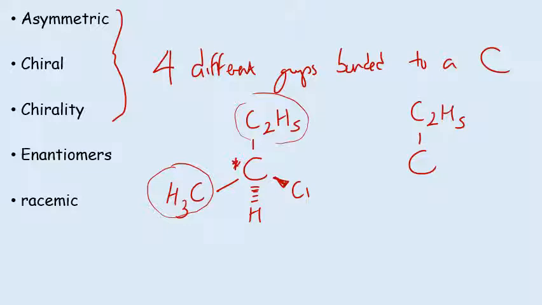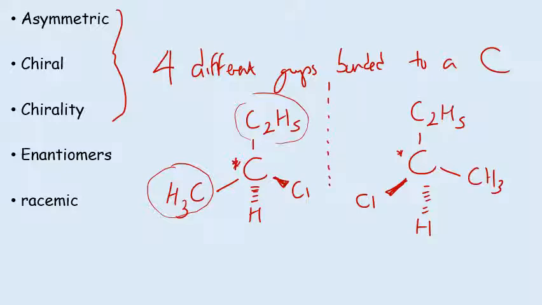So that molecule has or displays chirality. It has a chiral carbon. It's an asymmetric carbon. We could draw the mirror images because they are not the same thing. So as soon as you recognize a chiral carbon, that means it does display optical isomerism.